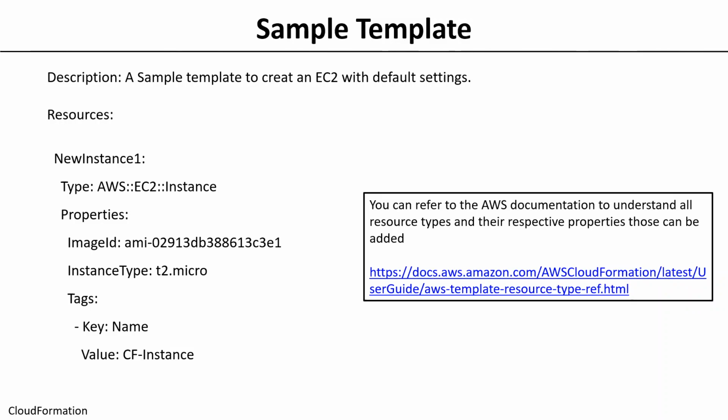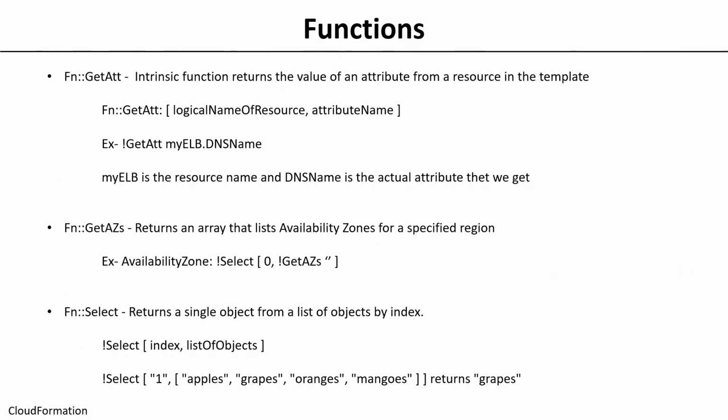Now, while creating the template, you have different functions that you can use other than the static keywords which are available as part of the templates. One of the functions that we frequently use is called Get Attribute. These are called intrinsic functions, which will return some value.